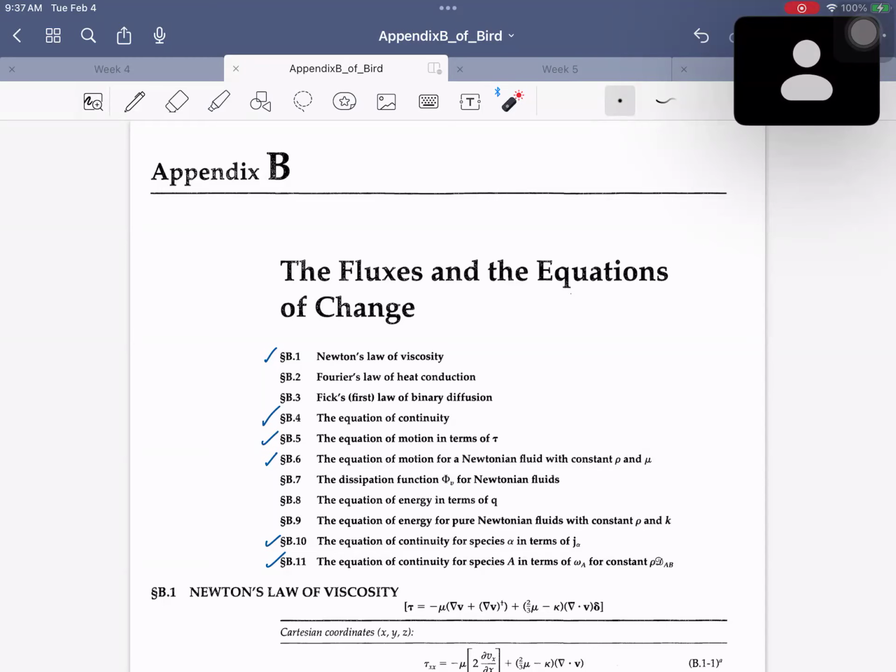Because you apply the wrong equation for your system. So that's why you need to understand all the fundamentals of the transport phenomena equations.